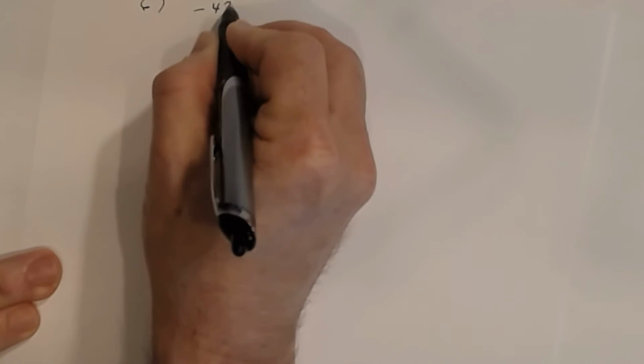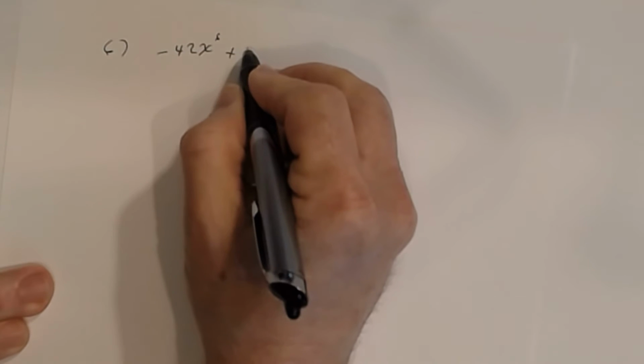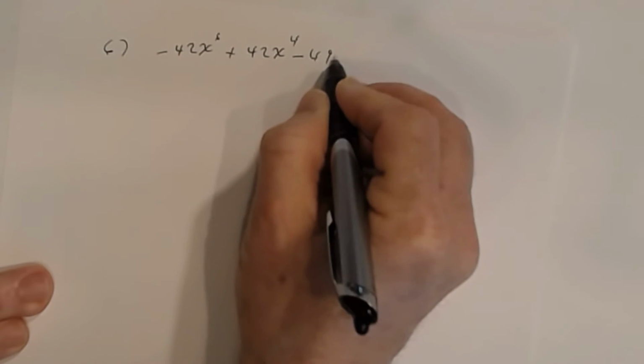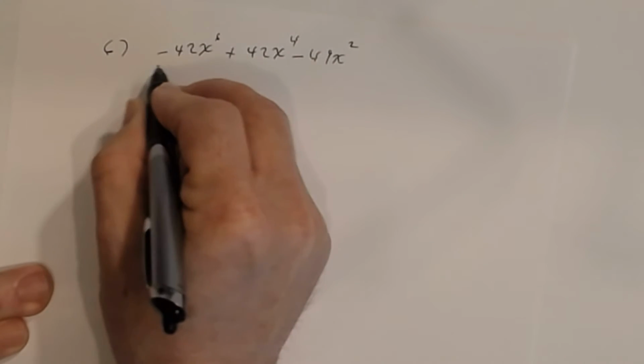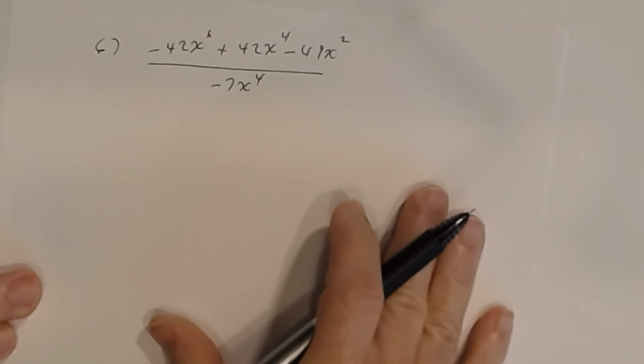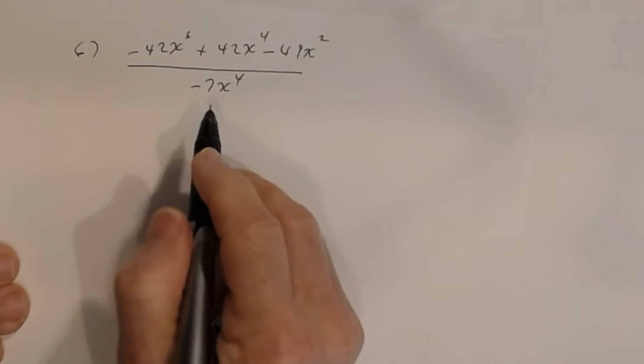We have negative 42 x to the 6th power plus 42 x to the 4th power minus 49 x to the 2nd power divided by negative 7 x to the 4th. Okay? All right, so a polynomial divided by a monomial.